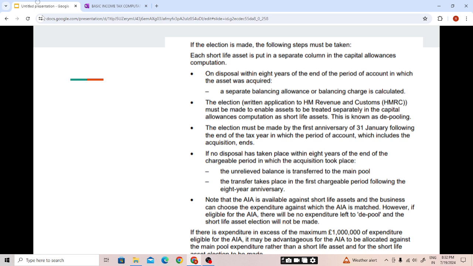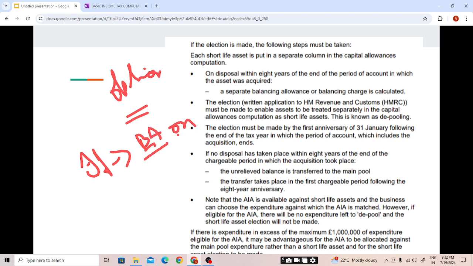So students, when we claim this, it is an option. If we are sure that we will create a balancing allowance on any asset, we will elect this.